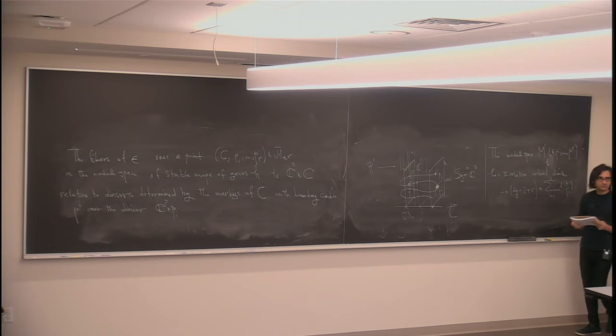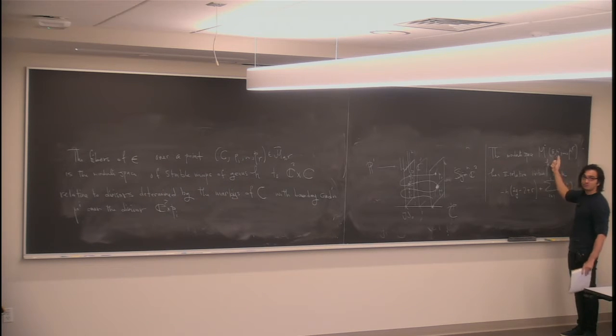That's the expected dimension of this stable maps moduli space. Pi relative again means that for every point of this moduli space M-bar_{g,r}, as soon as you fix the genus and tell me the number of marked points, the stable maps moduli space has this dimension.